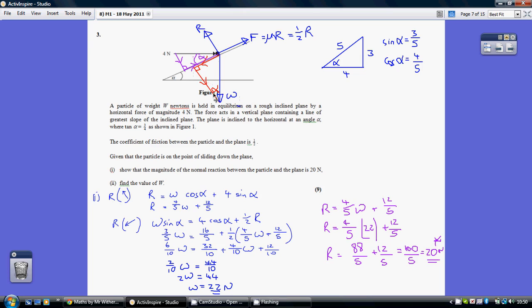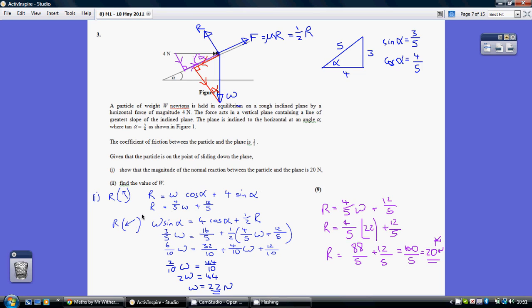We've got this red line here, so that's W cos alpha, because it's the adjacent side. So W cos alpha, so 4/5 W, and we've also got this force here, which is 4 sin alpha, being 3/5. 4 lots of 3/5 is 12/5. So that's that first formula.